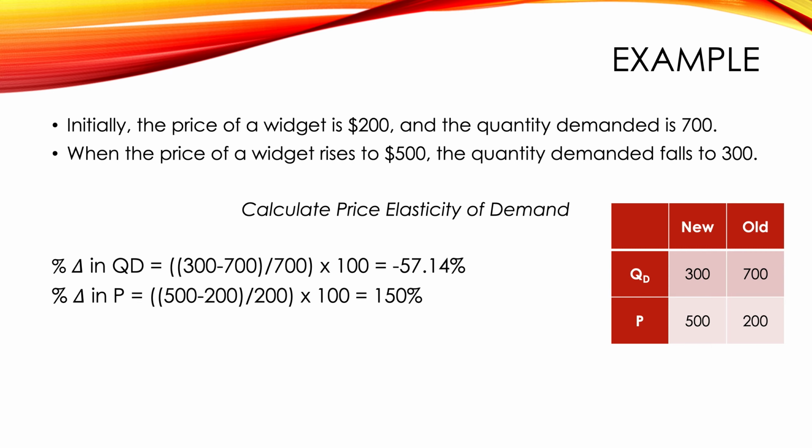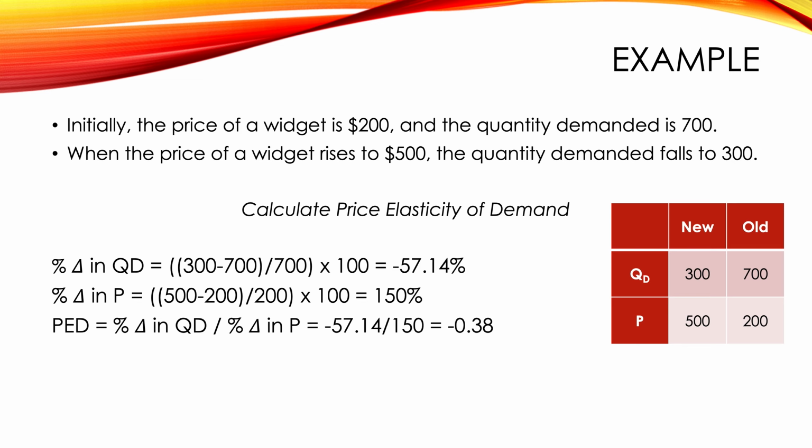We always take the percentage change in quantity divided by the percentage change in price, Q over P. Just remember, QUIP, QP. Now, if we plug all that stuff in, we'll get negative 57.14 divided by 150, pretty easy stuff, and that comes out to negative 0.38.